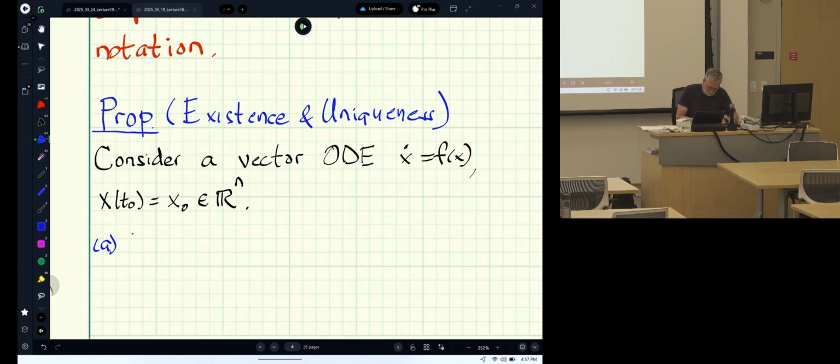First thing will be local existence and uniqueness. And then we'll do a global version.